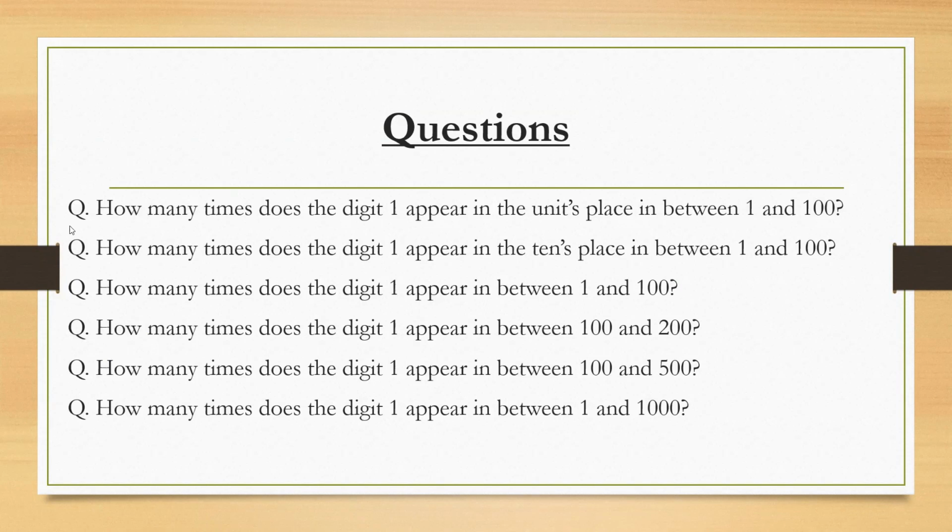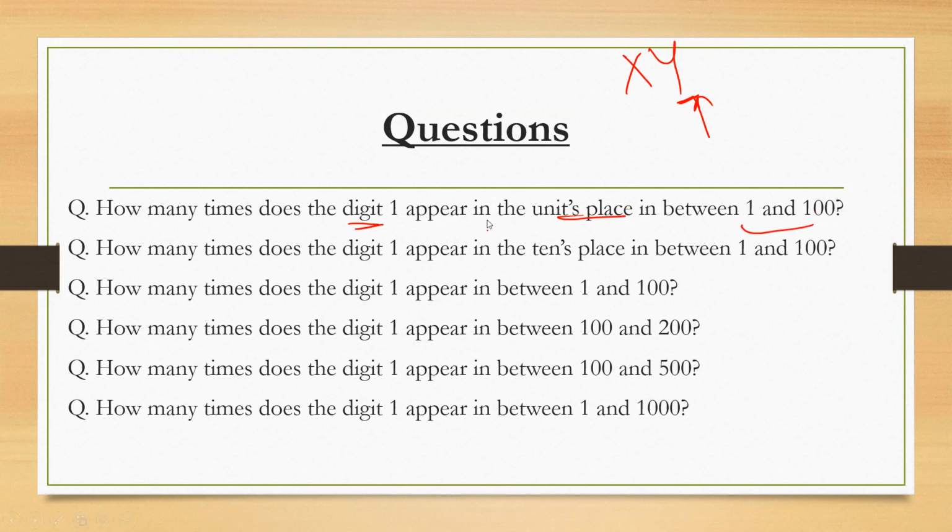The question will be of this format: how many times does the digit 1 appear in the units place? If x and y make a 2-digit number, y is the digit in the units place. So how many times does the digit 1 appear in the units place between 1 and 100?